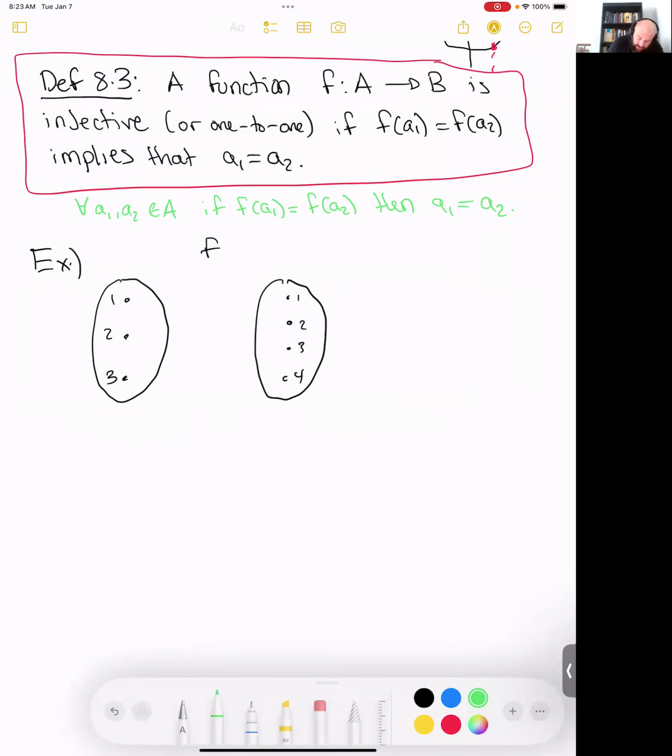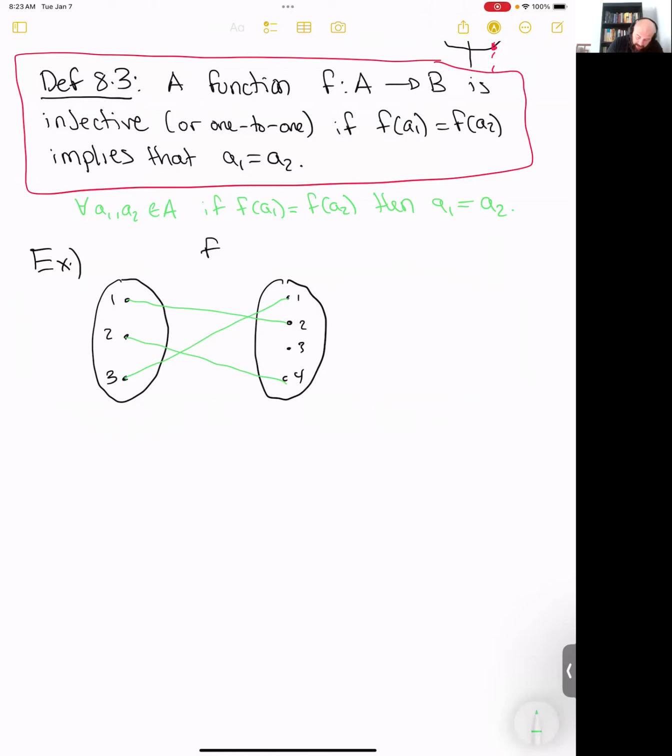So 1 will get sent to 2, 2 will get sent to 4, and 3 will get sent to 1. And it doesn't matter that I missed something in the codomain. The fact is that every element in the domain gets sent to a unique element in the codomain. There's no duplicates in the codomain. So this is injective, right?